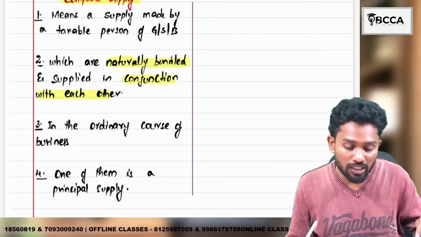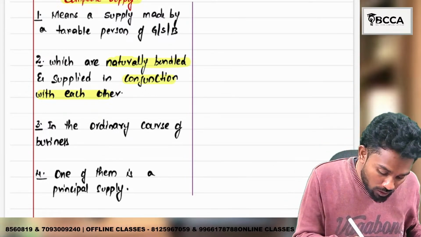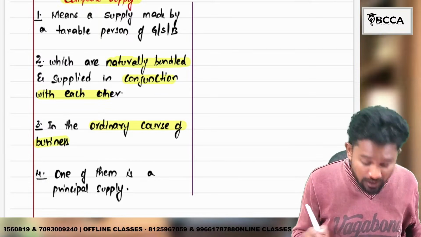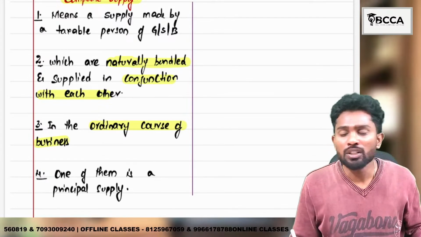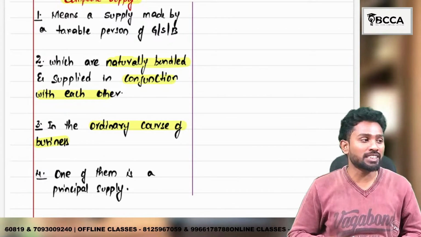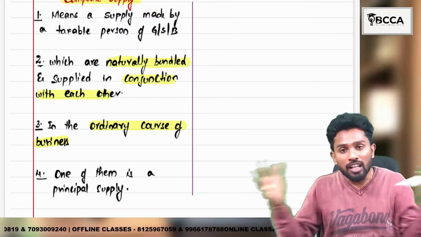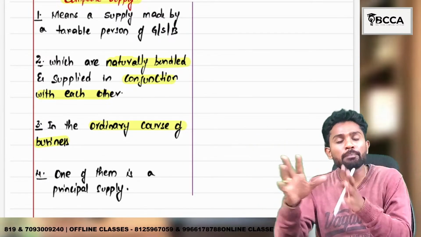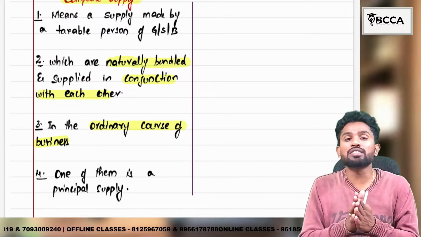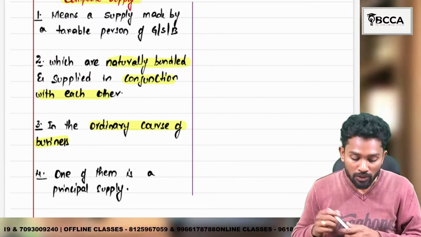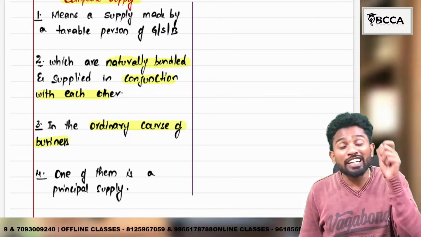In the ordinary course of business, it's not a single transaction. It happens usually in the business, not made as a special case. In the regular course of business, they have clubbed multiple goods or multiple supplies, either goods related or service related, and supplied. And out of that bundle, one is principal.